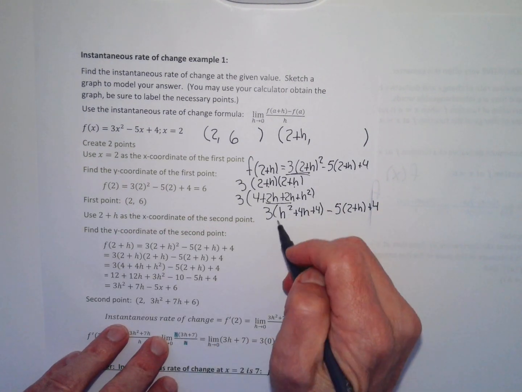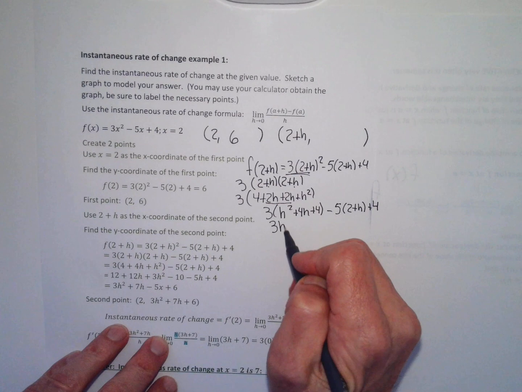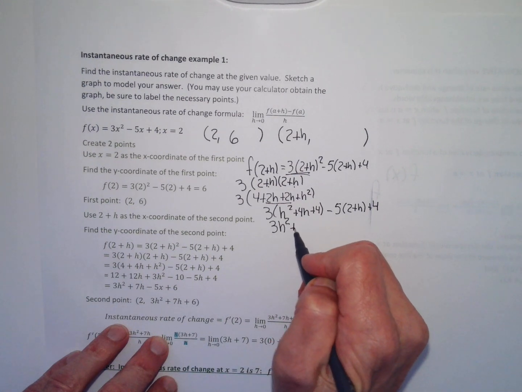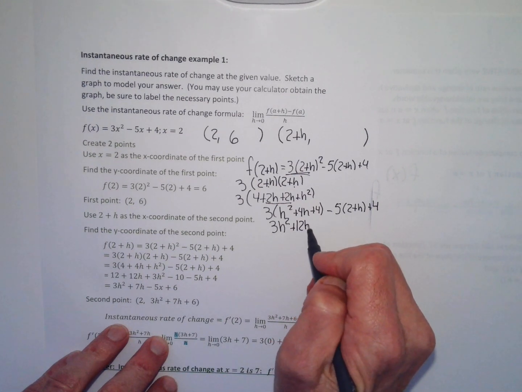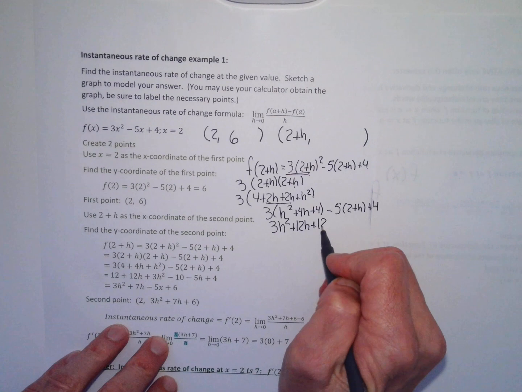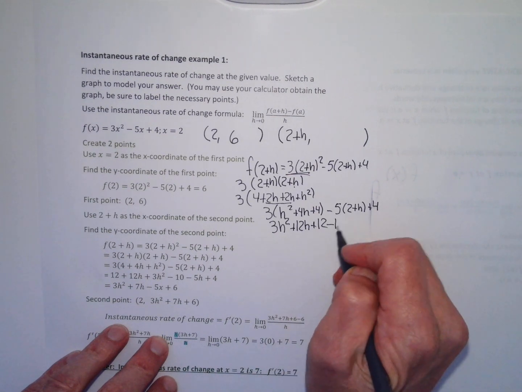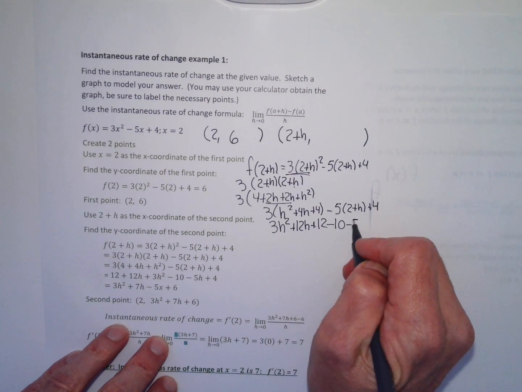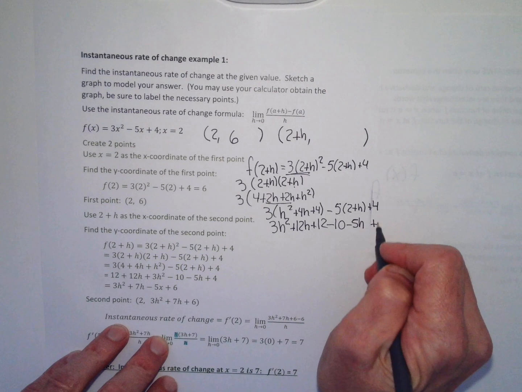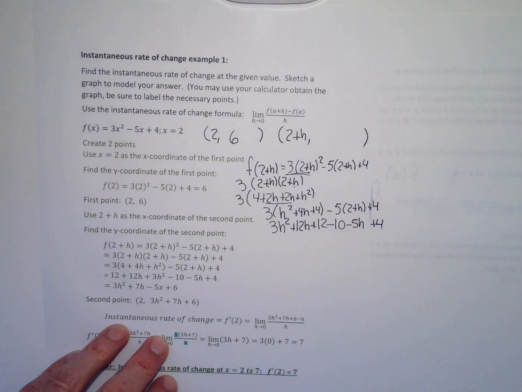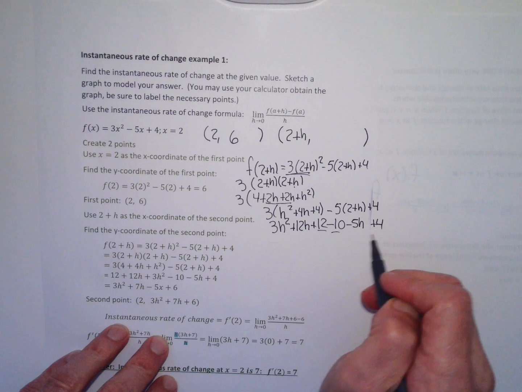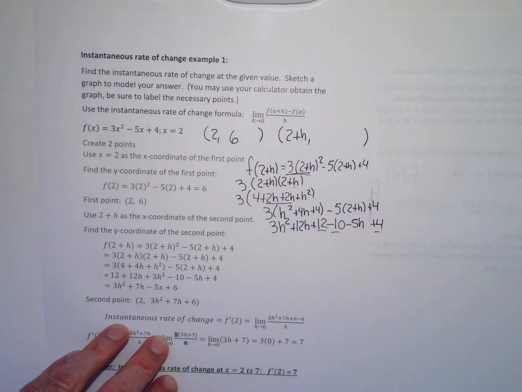So the math here is going to give me 3h squared plus 12h plus 12 minus 10 minus 5h plus 4. There's a little bit of like terms right here. The 12 minus 10 and plus 4 can be combined, and the 12h and the 5h can be combined.